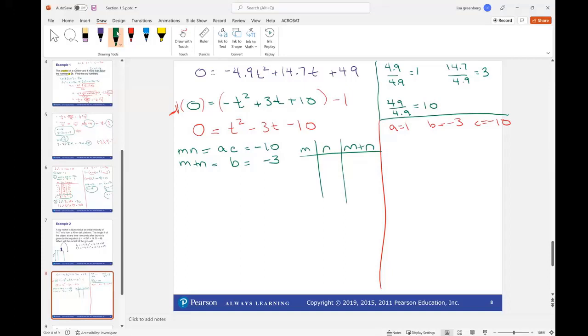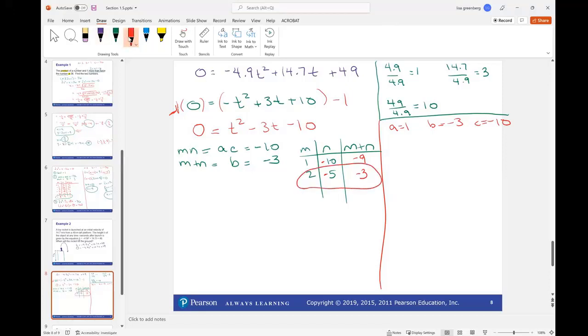So 10 is 1 and 10, 2 and 5, and that's really all there is, right? Now I have -10, so either 1 or 10 has to be negative. So because I know this is a -3, I'm going to make the bigger numbers negative, because when I add them, I get -9 and -3, and there's my two values.